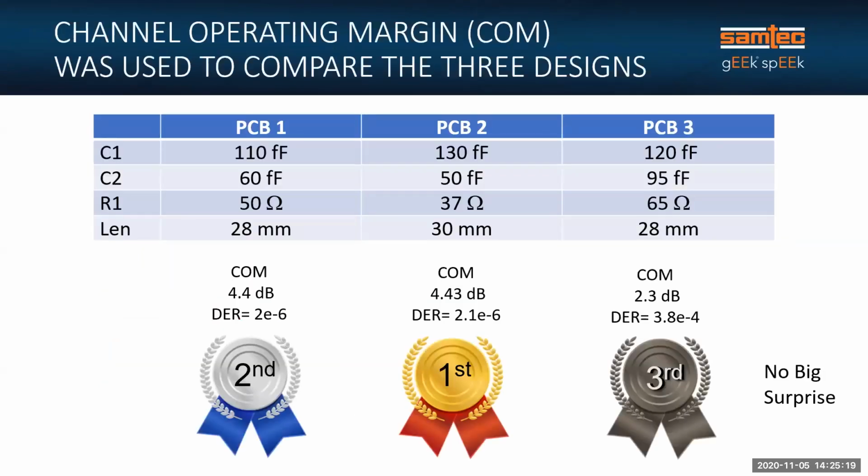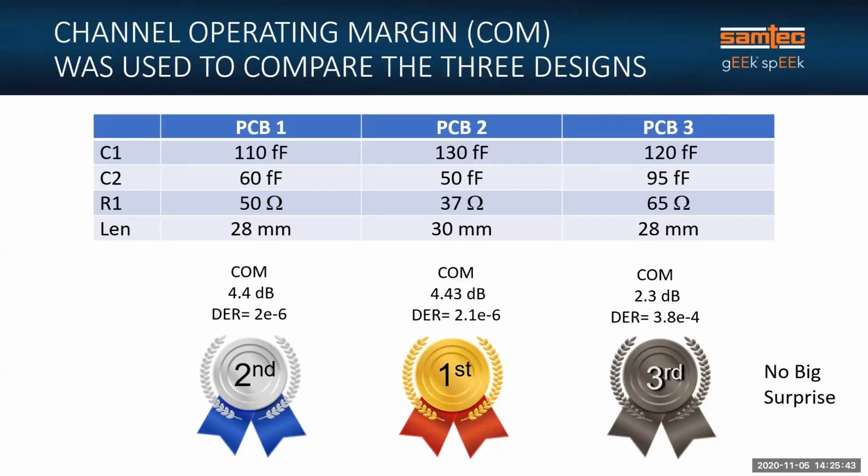Well, 1 and 2 are about the same. 1 is a little teeny bit better, and 2 is just a little bit worse. 4.3 dB versus 4.4, a tenth of a dB. The bit error ratio just for that channel is probably 2.1e-6.